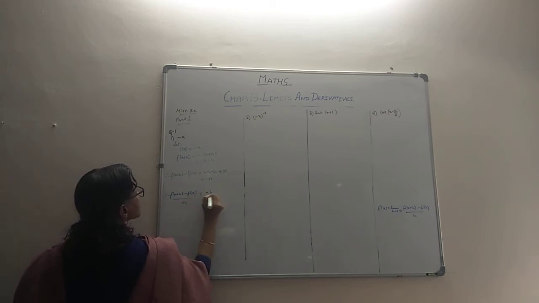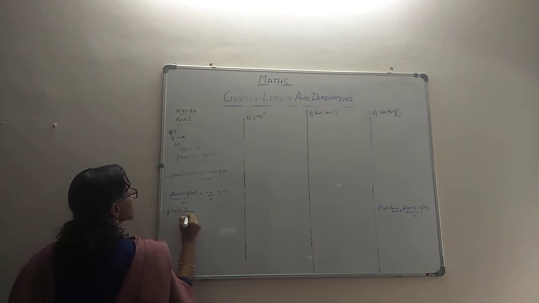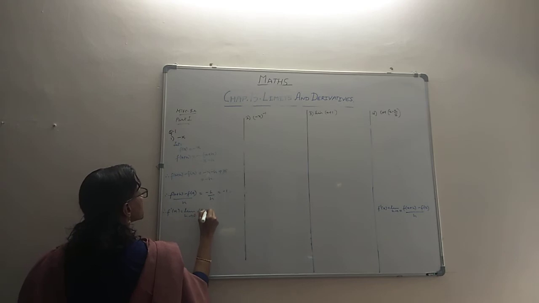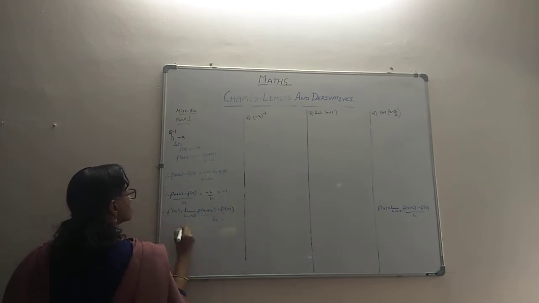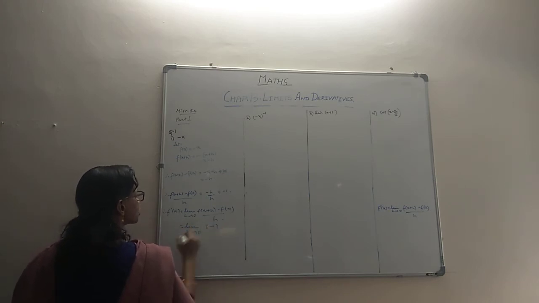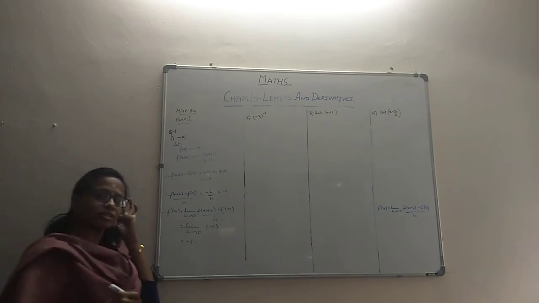Therefore that is minus h by h, which is minus 1. Therefore f dash x by formula is limit as h going to 0, f of x plus h minus f of x by h, which comes to limit. We have the ready-made stuff over there, it is minus 1. Limit is not applying, answer is minus 1.